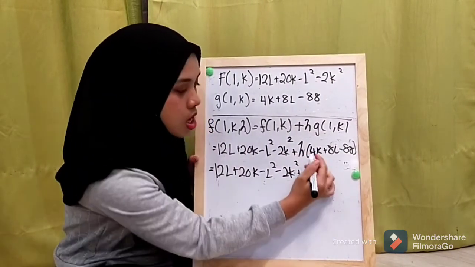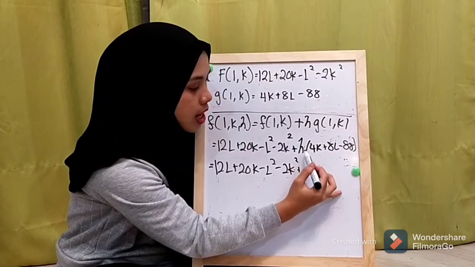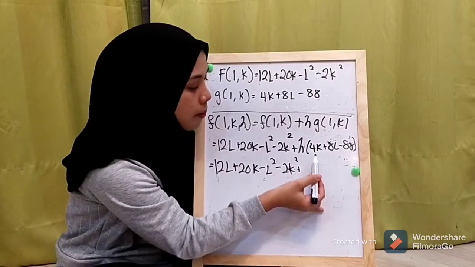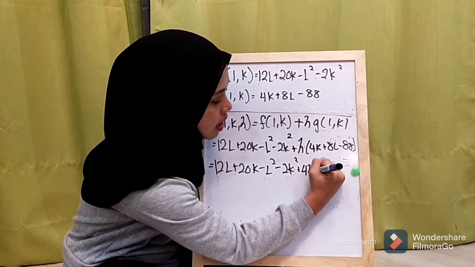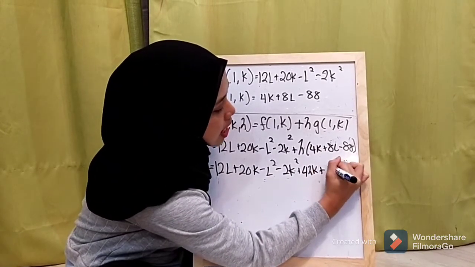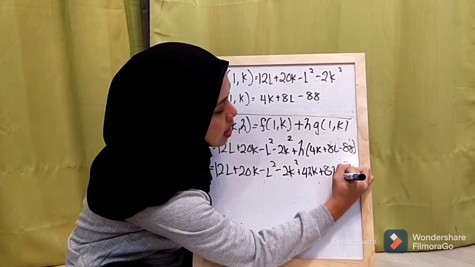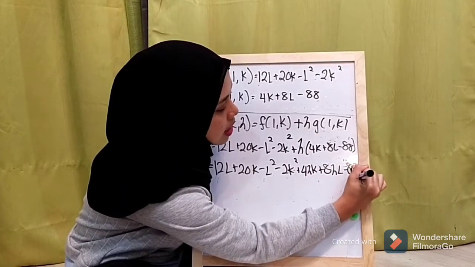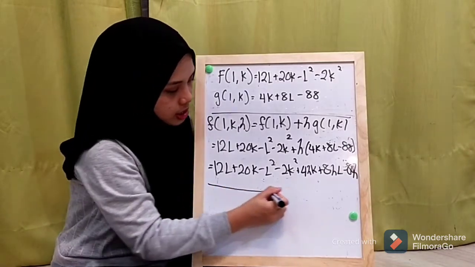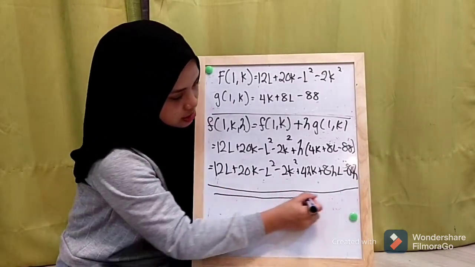As we know, I need to multiply it, so it will be 4 lambda K plus 8 lambda L minus 88 lambda. So here's the Lagrange function.